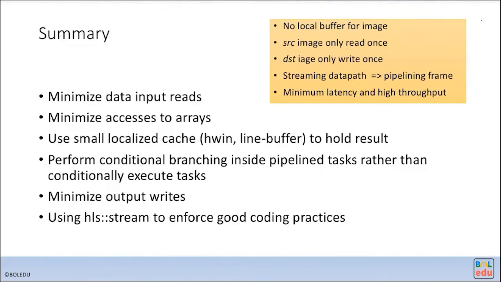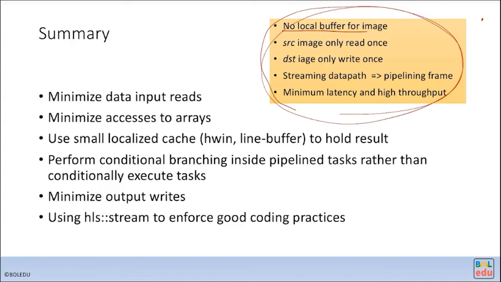So if you reflect on the previous slide, it achieved this goal. No local buffer for the image, the source image is only read once, the destination is only written once, and it's using a stream pipeline, so minimum latency.